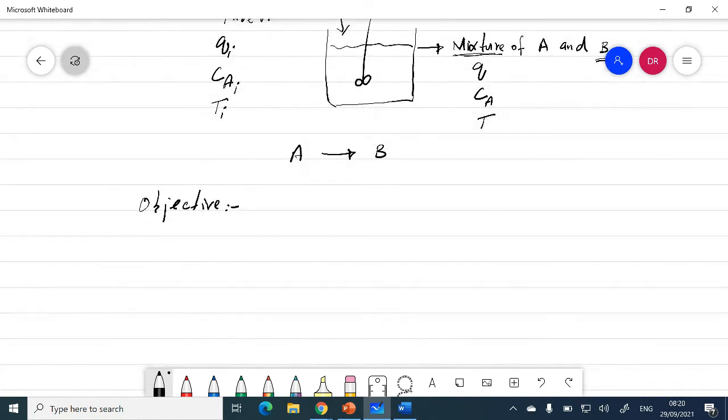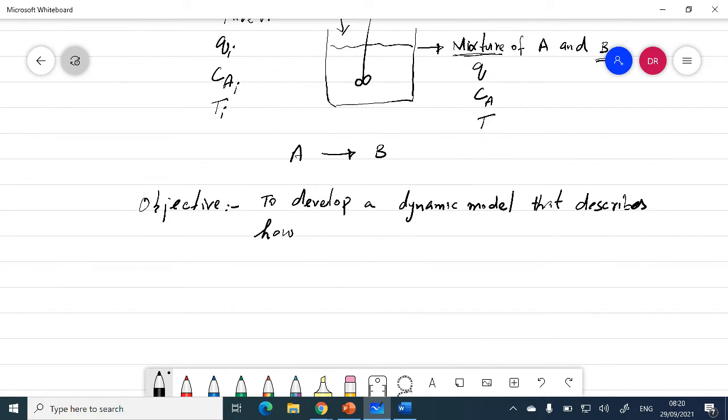The objective is to develop a dynamic model that describes how volume and concentration, that is the concentration of component A in the exit stream, vary as a function of time.